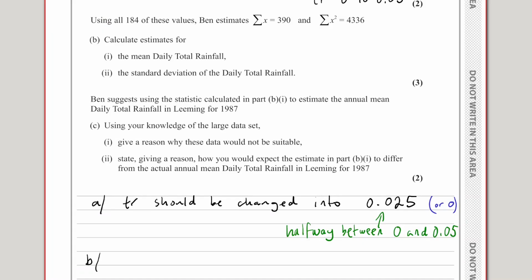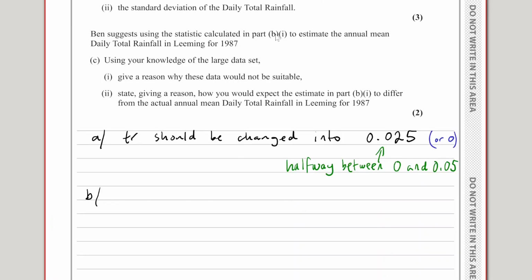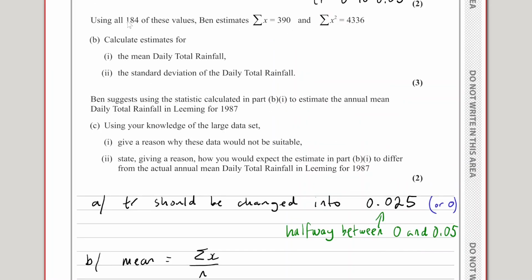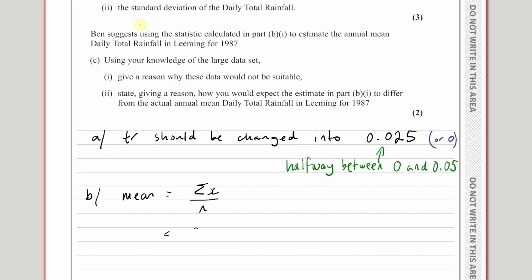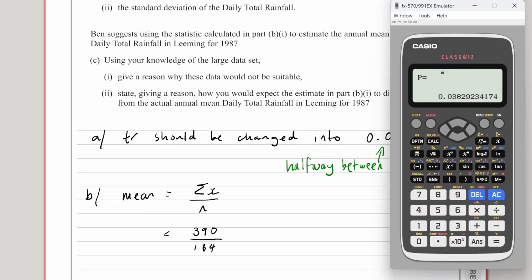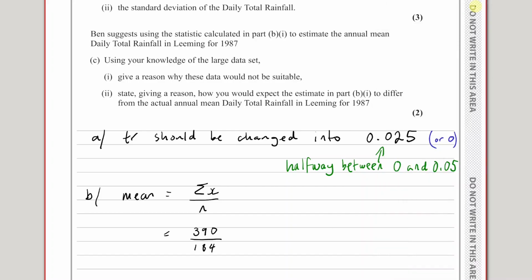So the mean is add them all up and divide by how many. So sum of x over n. Mean is equal to the sum of the x's divided by n. So 390 over 184 is 2.12.